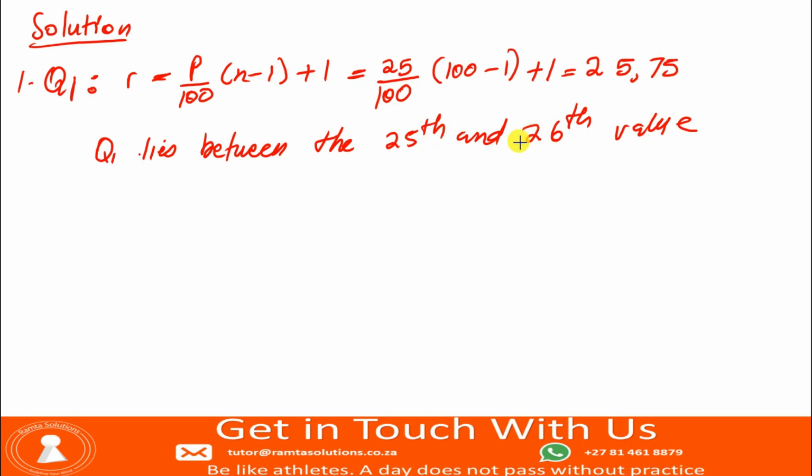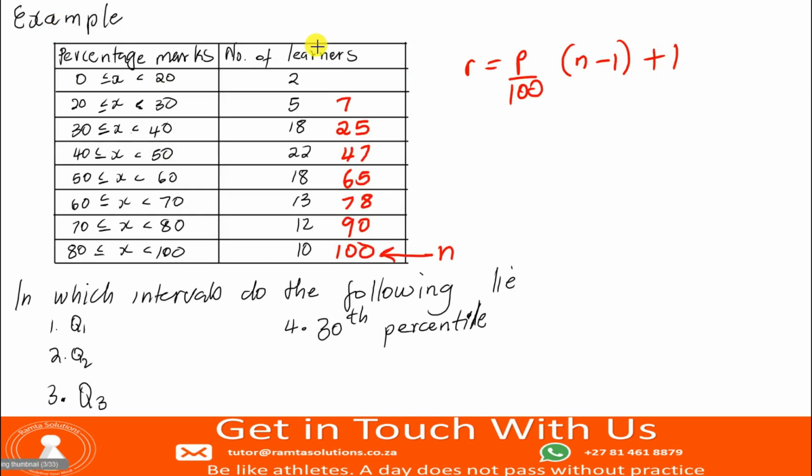Because this is grouped data, we can't necessarily be looking at the average of it. So what we will be doing is to say, okay, 25th and 26th, obviously, this value is between the 25th and 26th, let's go into the data and see where we get to.